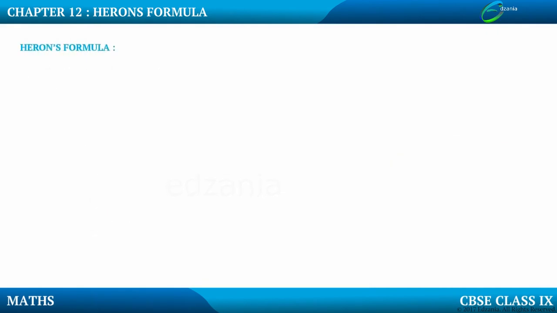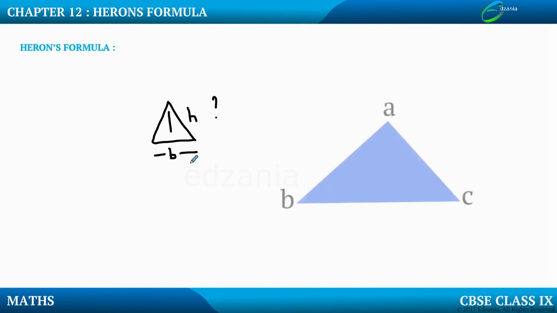Heron's formula. Now there is one more formula to find out area of triangle. One formula was half into base into height, where we already have a triangle and we just take the length of this base and the length of this height. What if we are not knowing the length of the base and height? Then how do we apply the formula to find out area of a triangle?